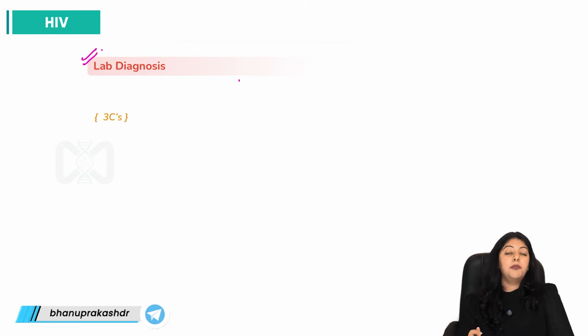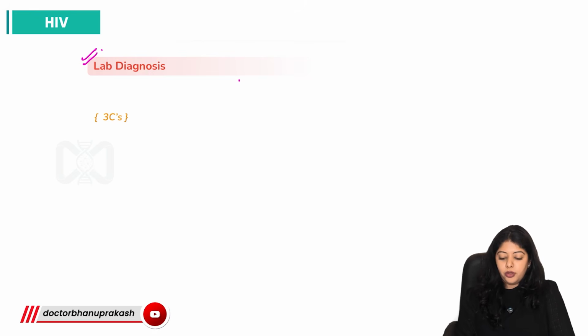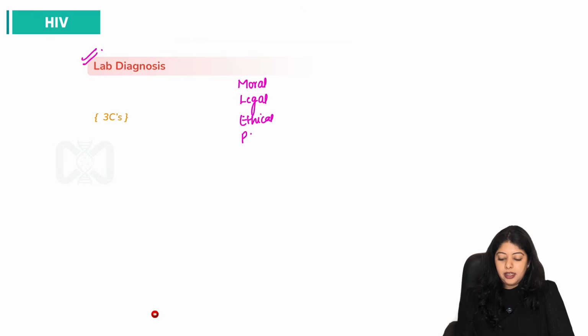HIV positive status or HIV reactive results carry a bit of social stigma, right? So there are a lot of moral, legal, ethical, as well as psychosocial norms which are associated with these.